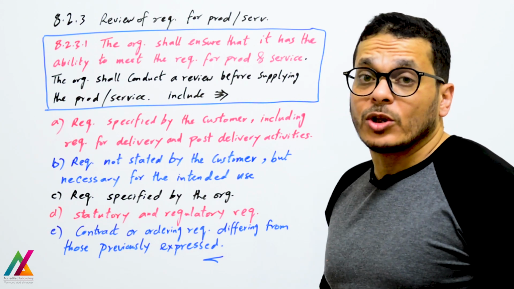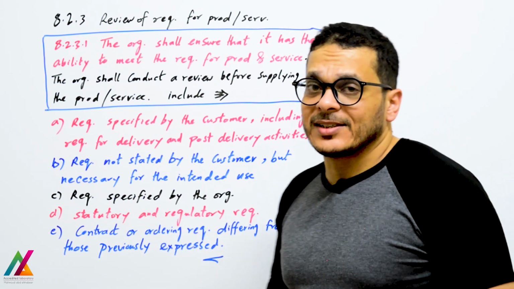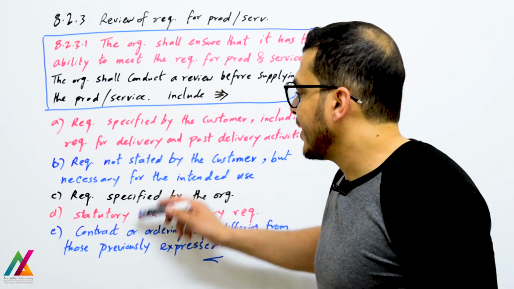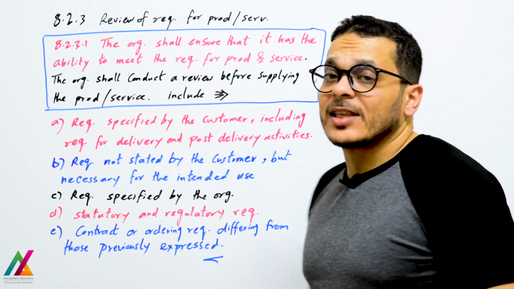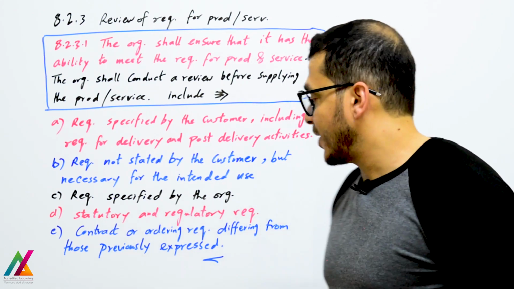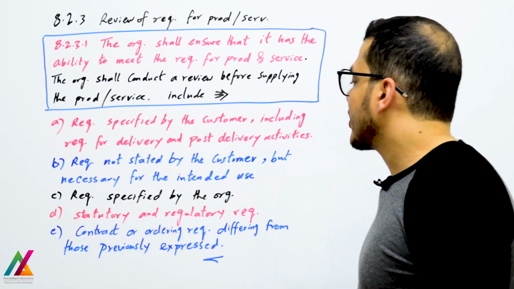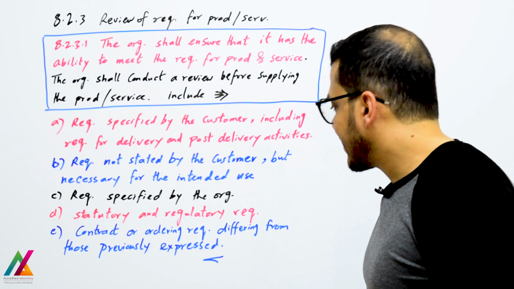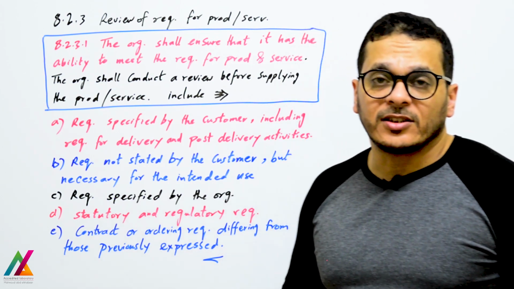Requirements specified by the organization shall be reviewed. Statutory and regulatory requirements: statutory, any requirement established by the law, or regulatory, established by the organization or the government, also shall be considered. Any required legislation shall be considered. Contract or ordering requirements differing from those previously expressed or identified.